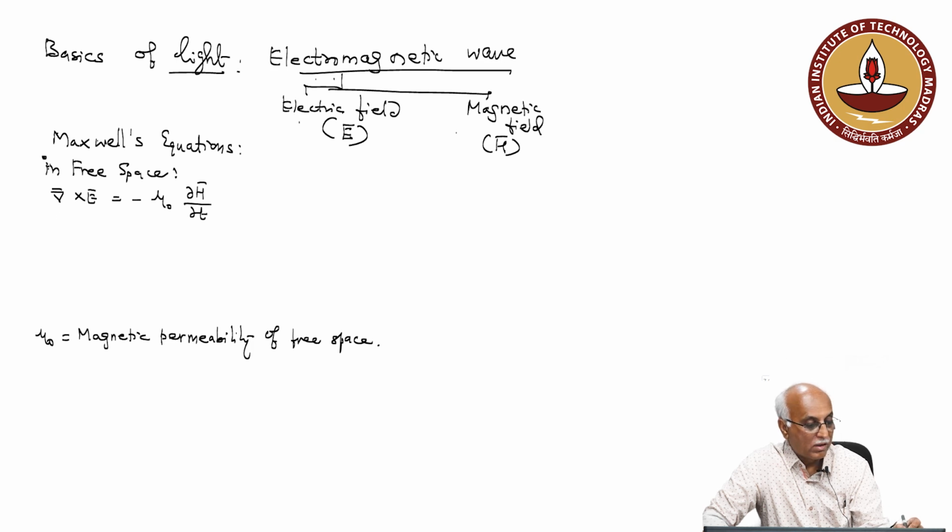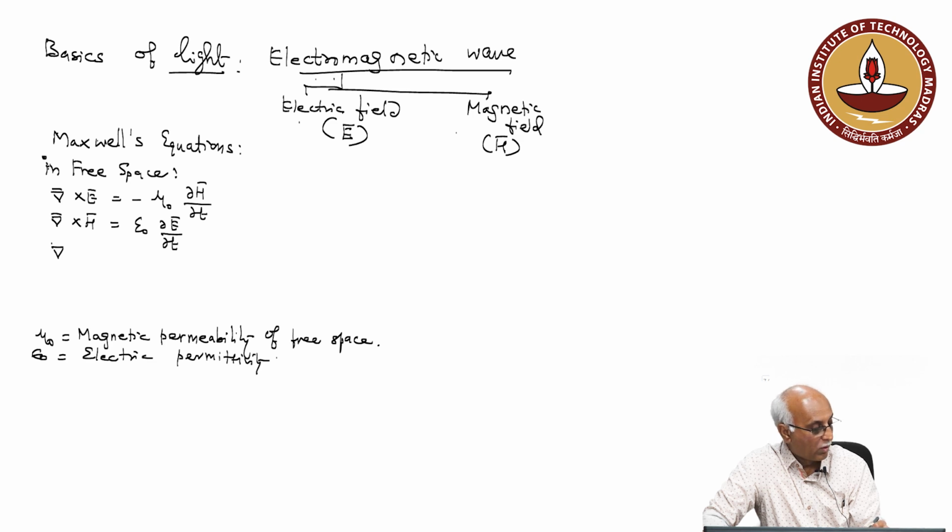The next Maxwell's equation is del cross H bar. How the magnetic field varies in space in turn depends upon the temporal variation of the electric field. So they are interrelated with each other; these two equations indicate that. And epsilon 0 is the electric permittivity of free space.